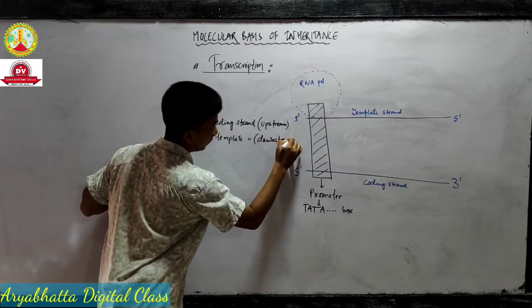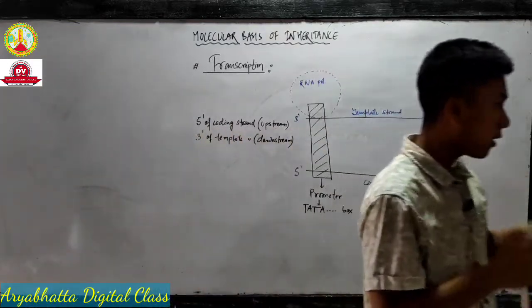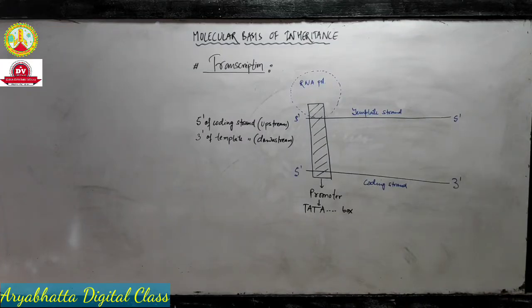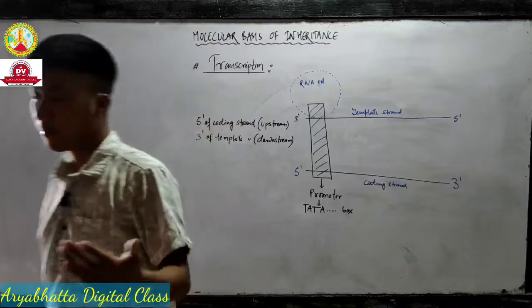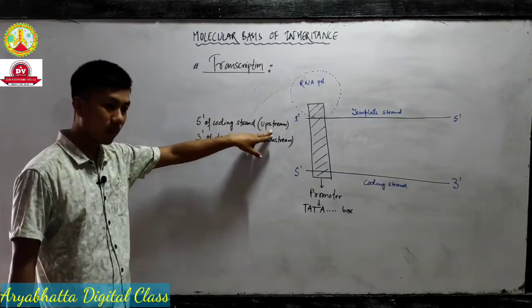So whenever there is a 3 prime, always remember it is downstream. Whenever there is a 5 prime, always remember it is upstream.